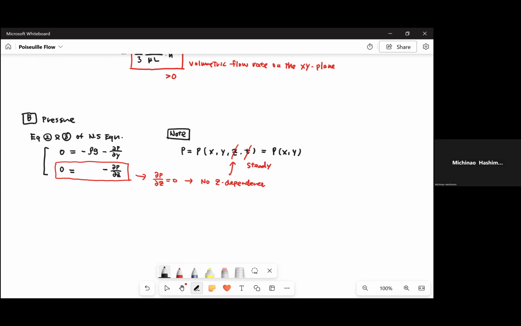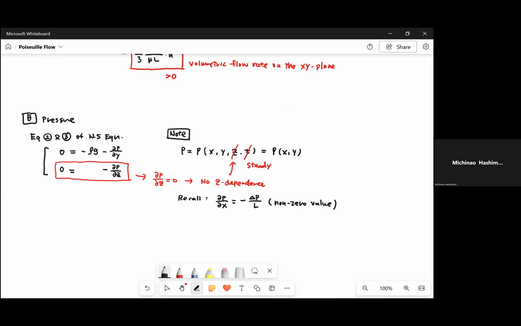Recall here that dp dx is delta p over L, so dp dx is a non-zero value.